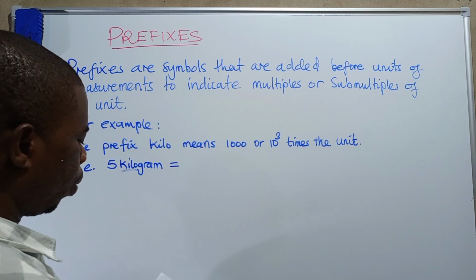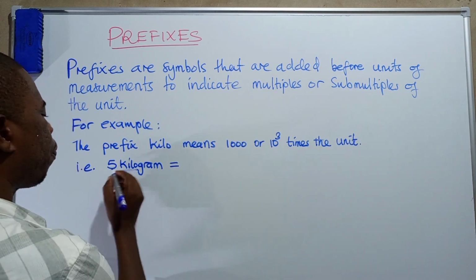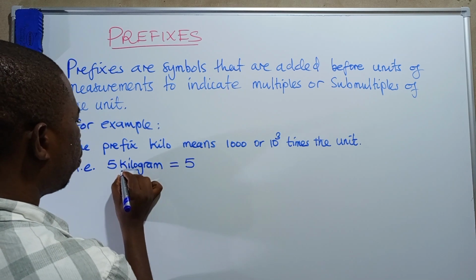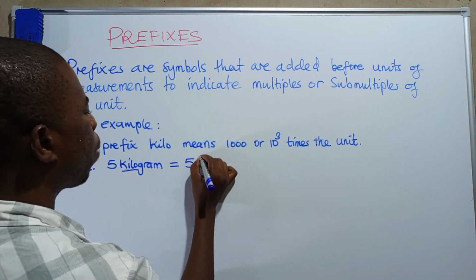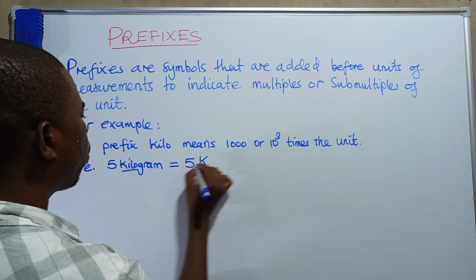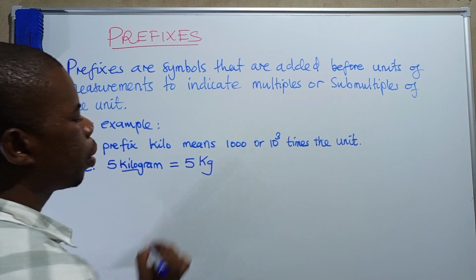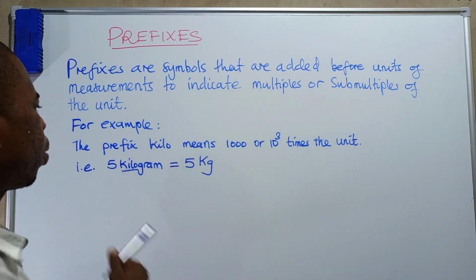It simply means we have 5, and the kilo is represented by capital K, then the gram, small letter g. That's what 5 kilogram means.